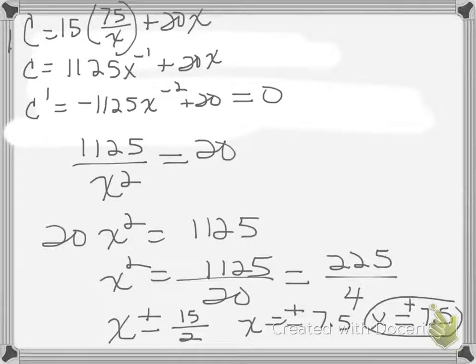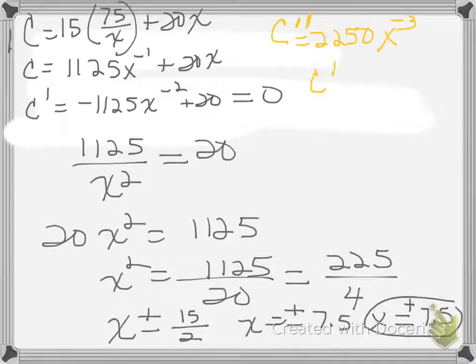Now what you absolutely want to do, and I'll do it up here, so I'll change colors. Let's do it in orange. Let's take the second derivative and make sure that we're actually aiming to have a minimization of the costs. So take your second derivative, and I'm going to get negative 2 times that, so 2250 times x to the negative 3.